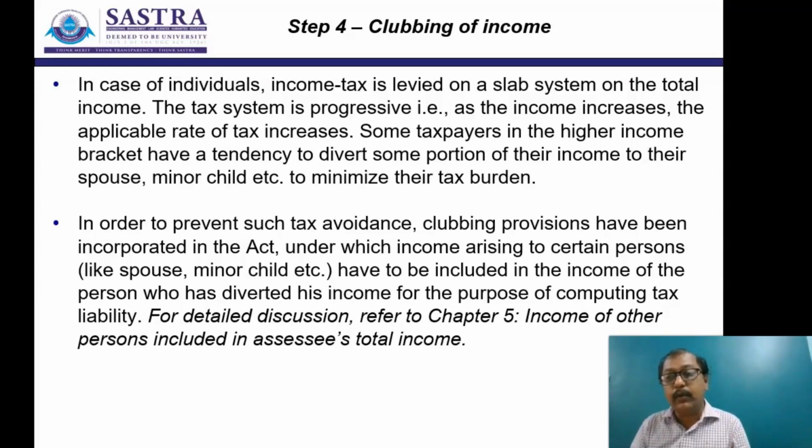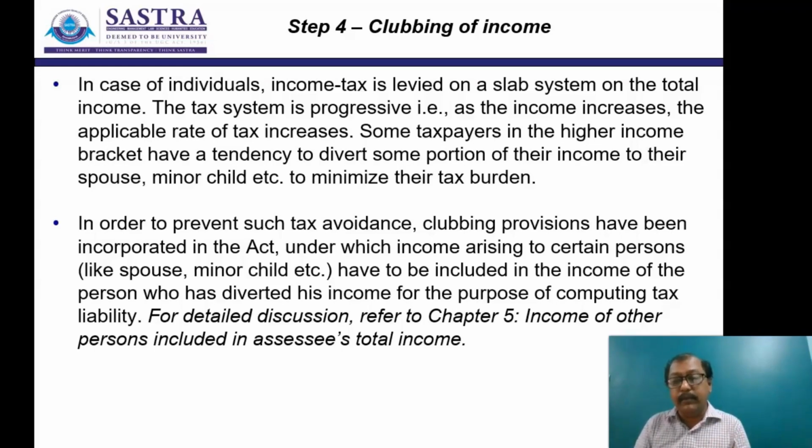Some taxpayers in higher income brackets have a tendency to divert some portions of their income to their spouses and minor children, etc., to minimize the tax burden. So this kind of clubbing of income can happen in order to prevent such avoidance of taxes and things like that.